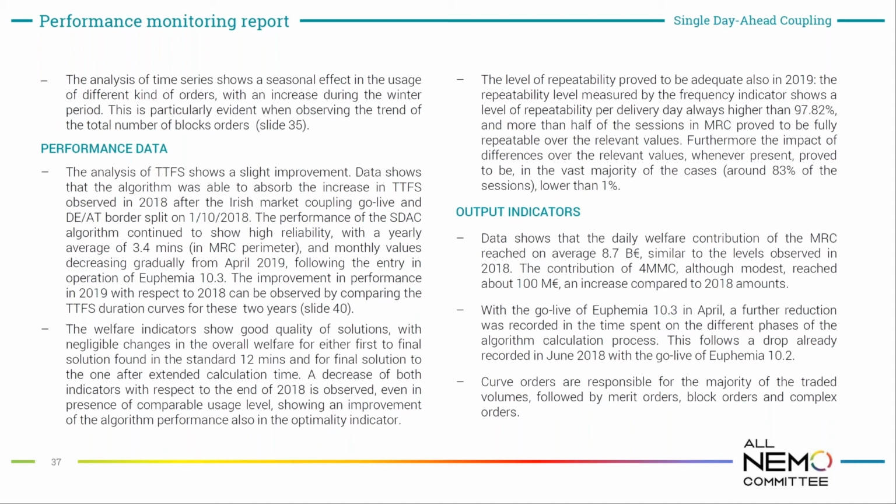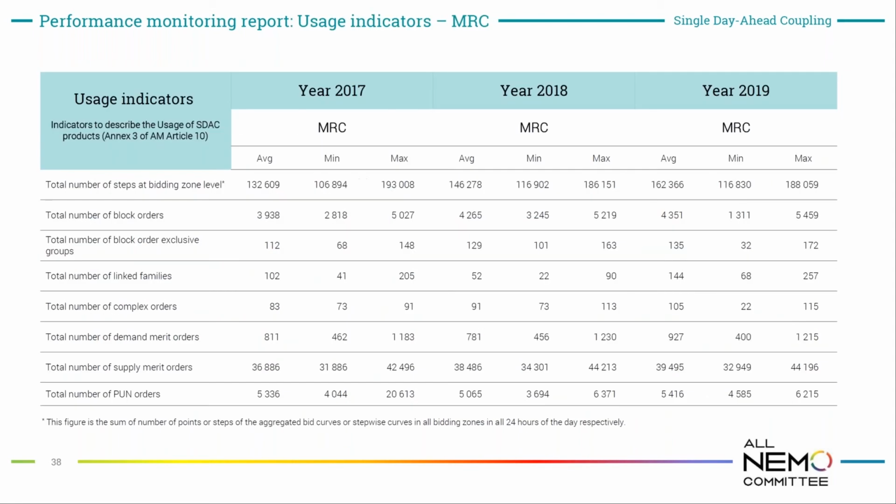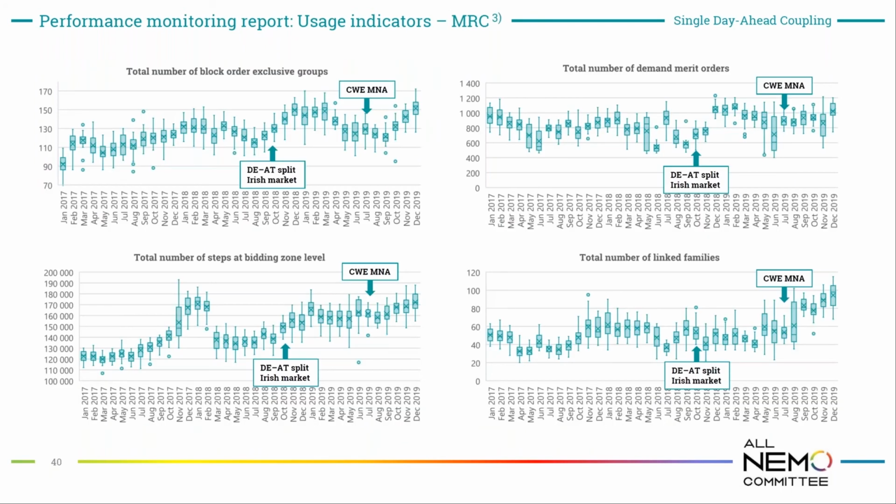It's important to note that cube orders are responsible for the majority of the trade volumes, followed by the merit orders, block orders, and complex orders. We will not comment on the tables, unless I have something specific to show. As you can see, for almost all the products, we have a steady growth.